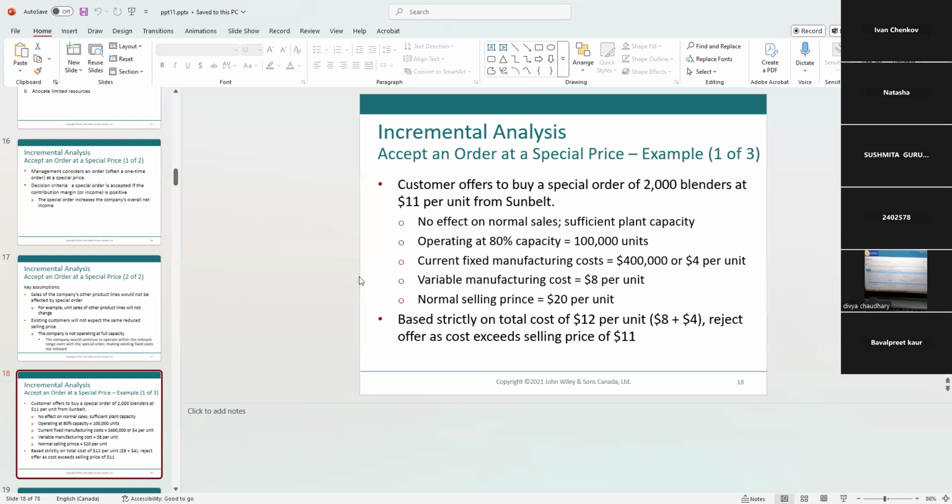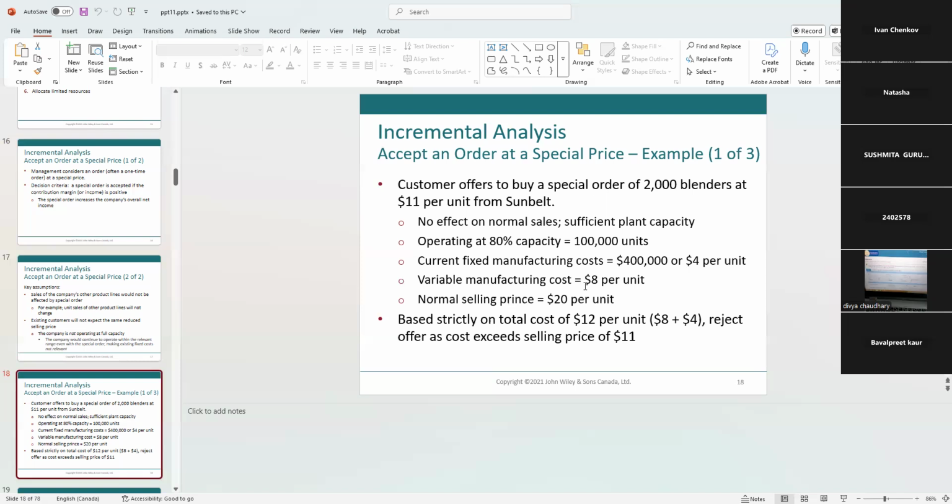Fixed costs in those types of questions are not relevant, because obviously at this point we're working above the break-even point. So once we are above break-even point, we are fixed cost free. So what are we going to focus on? We're going to focus only on the variable cost and any additional cost that we might have to incur in order to produce the special order.